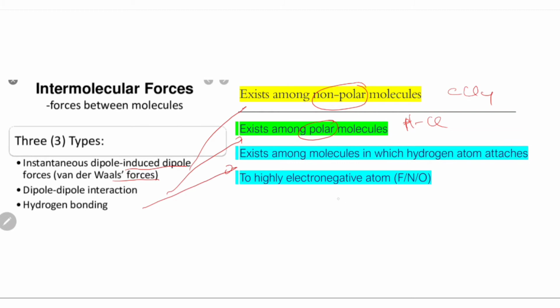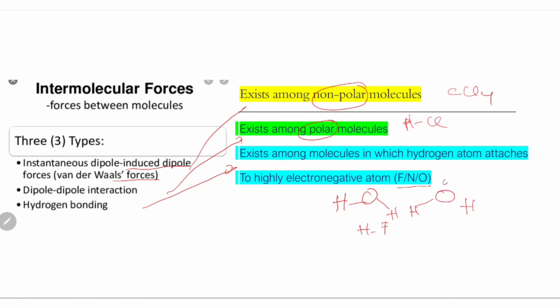When we have a molecule with hydrogen attached chemically to a highly electronegative atom, F, N, O, as in H2O or HF, this occurs between the molecules.